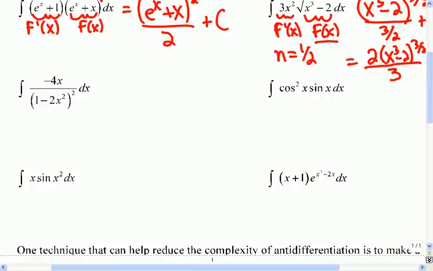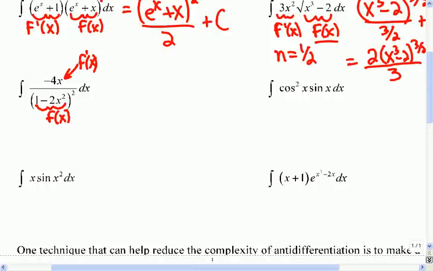All right. So this next one, does it work for this next one? Is the function and its derivative present? Yeah, I think so. If I pick this as my function, 1 minus 2x squared, then this piece up here, that would be my derivative. So what's the exponent?